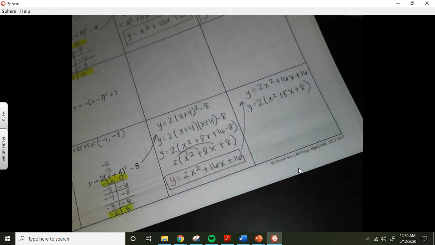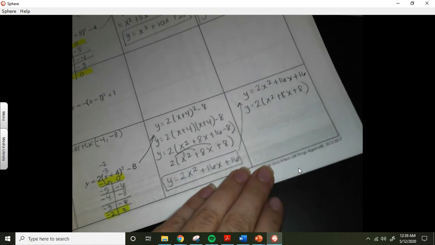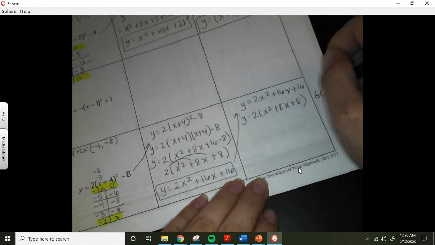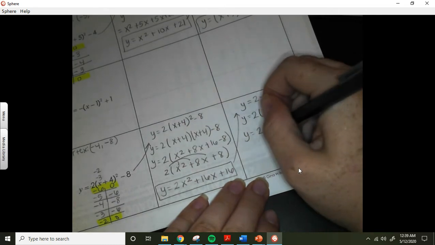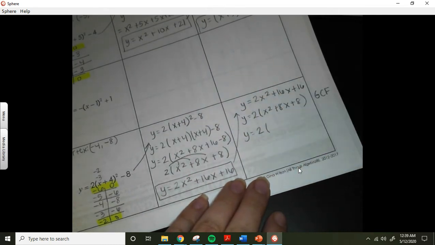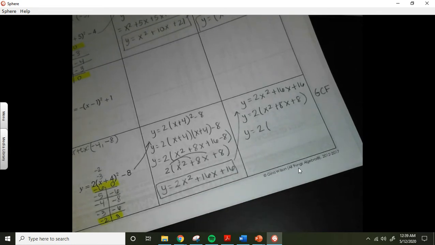And now to factor this, here's the step. So we had to pull out a GCF here first, and we get y equals 2 times, what is this? Multiply to 8, but add to give you 8.